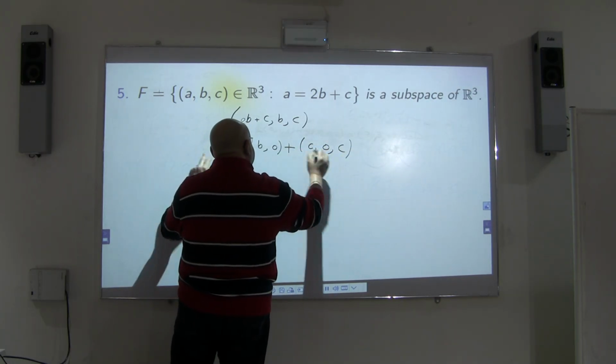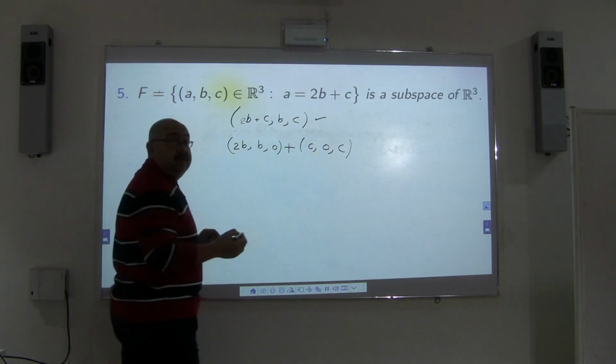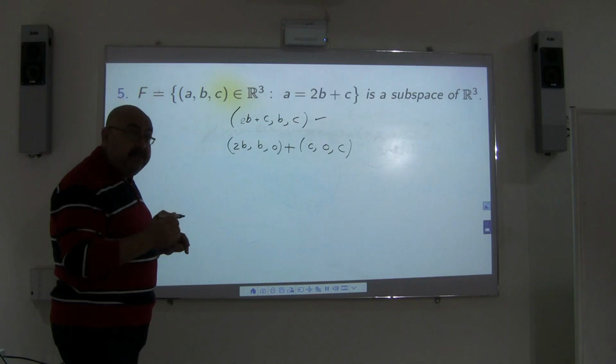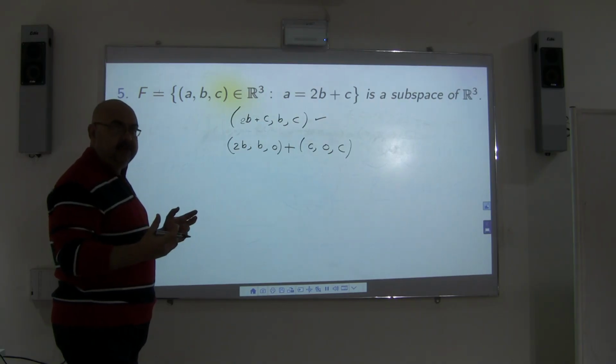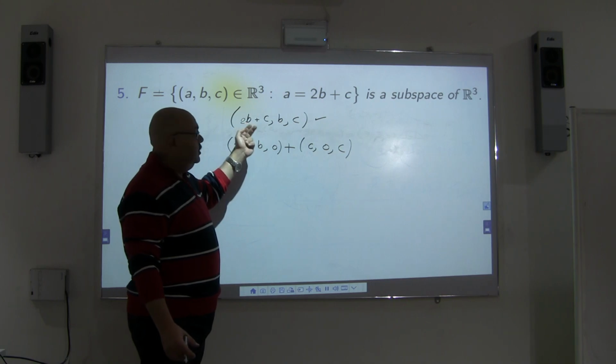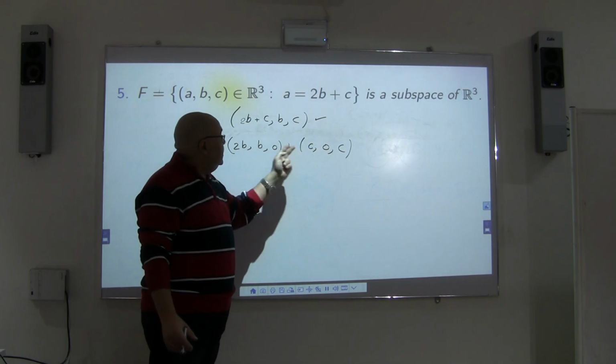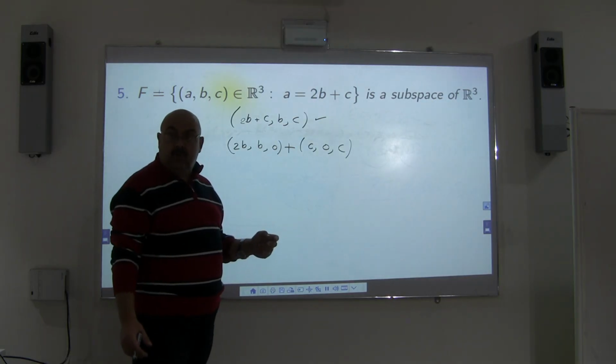If I add these two vectors together, it will give me the shape of the main vector. Look, c plus 2b is the first component, 0 plus b gives you the second component, and c plus 0 gives you the last one.